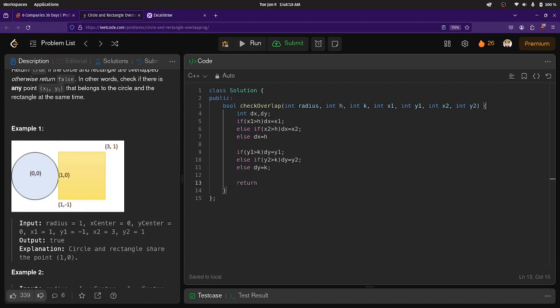So return h minus dx into h minus dx plus k minus dy into k minus dy less than equal to r into r. If that's true, then it will work. Let's run it.